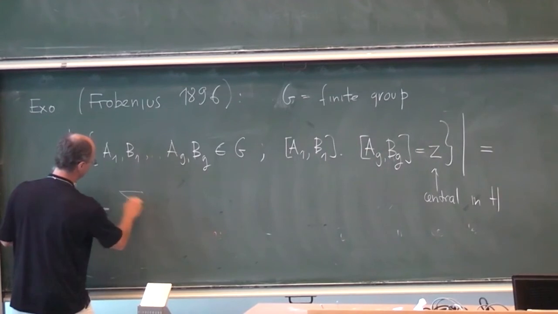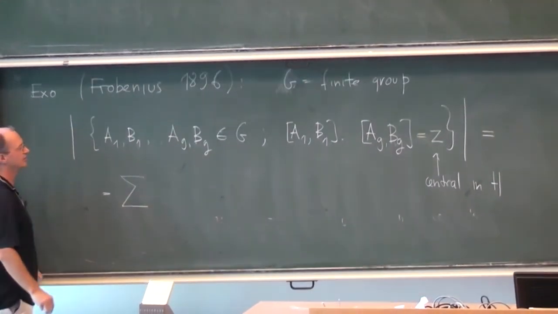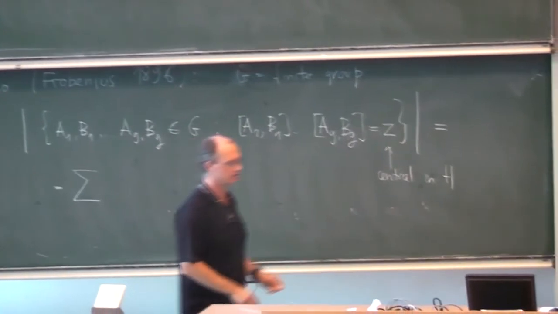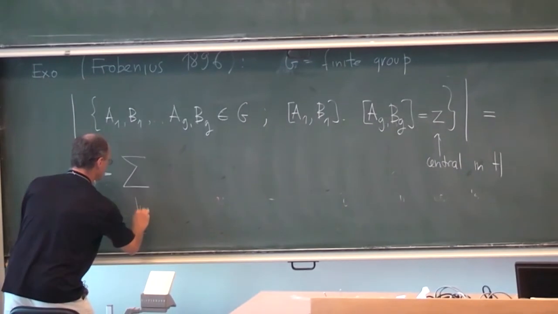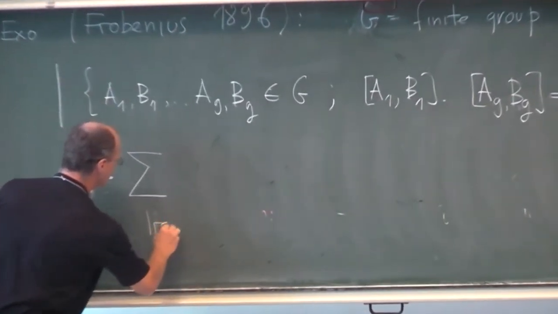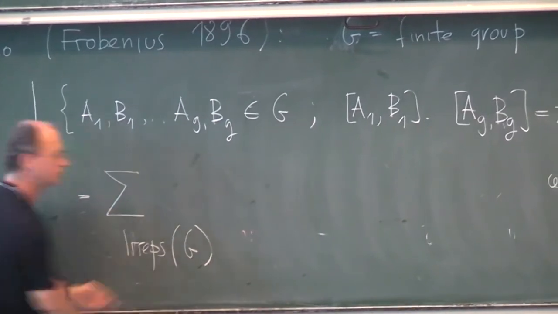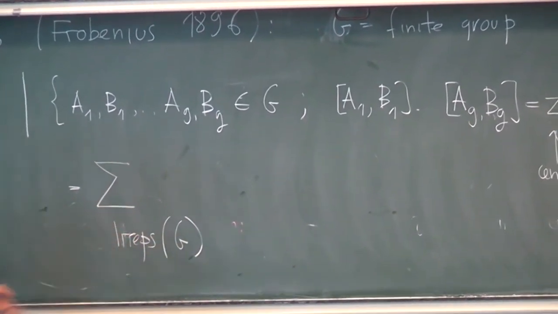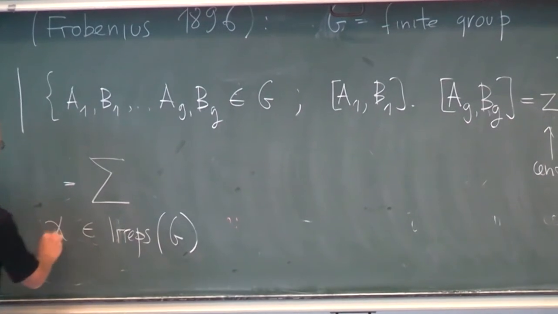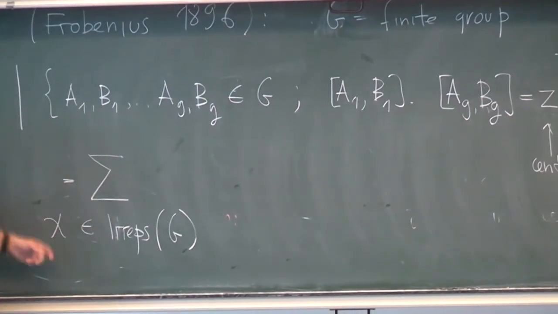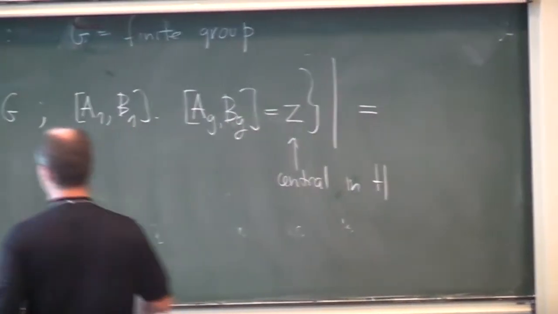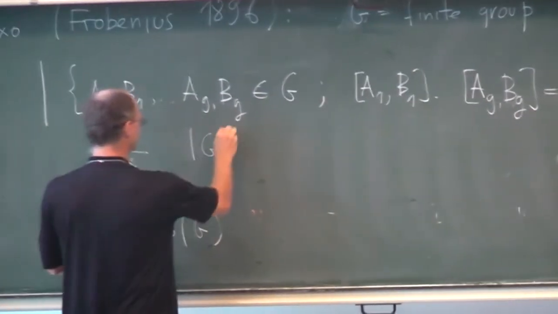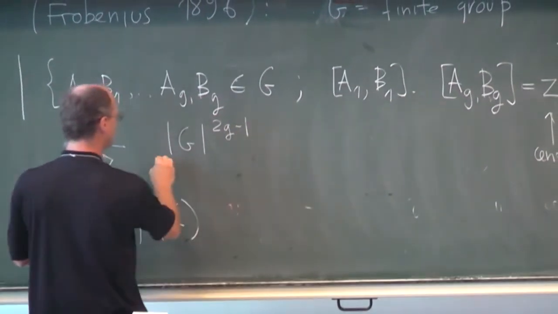And it turns out that there is a beautiful formula for this number. That's the formula you suggested to try to find for tomorrow. So it's a sum over the irreducible representations of the finite group. So let me parameterize them by the corresponding characters. So let me identify the characters with the representations. And, well, just not to make a mistake, there is some constant, which is just the number of elements in the group to the power 2g minus 1.